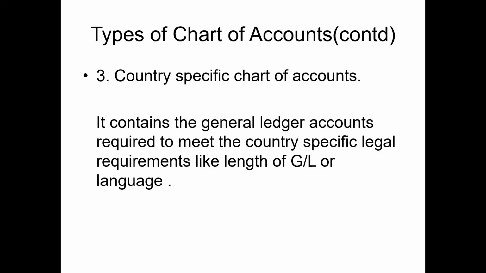For these countries, the way we maintain the GL may be different from our other company codes in other countries. For such countries where we need more localization, where we need to maintain a different length of the GL, or a different language of the GL in which we are doing the posting, apart from the operating chart of account, which is for all your company codes, we can also create one more chart of account, and that is going to be the country specific chart of account.